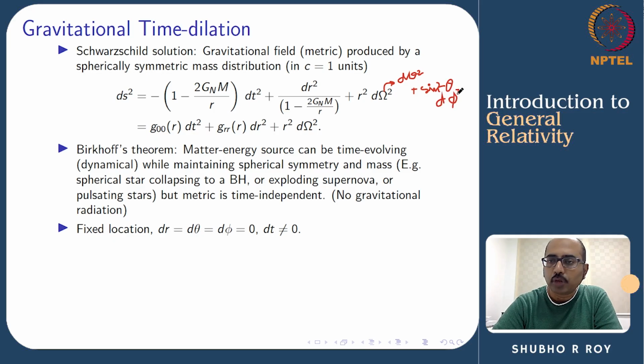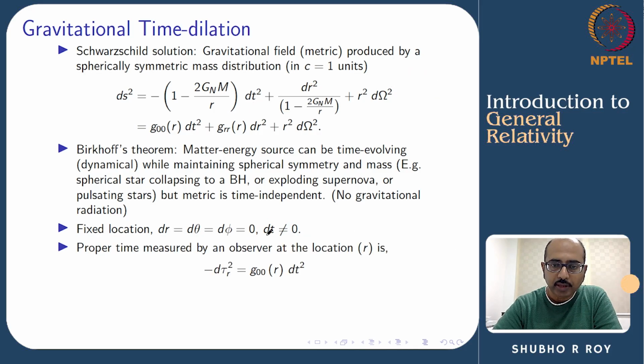Any point in the Schwarzschild geometry is given by these four coordinates t, r, theta, and phi. At a fixed location, one has to fix r, theta, and phi, so dr equals dθ equals dφ equals 0. And I'm observing a process happening at this location, so the process has some duration, so dt is non-zero. The location is fixed, but the duration can be non-zero.